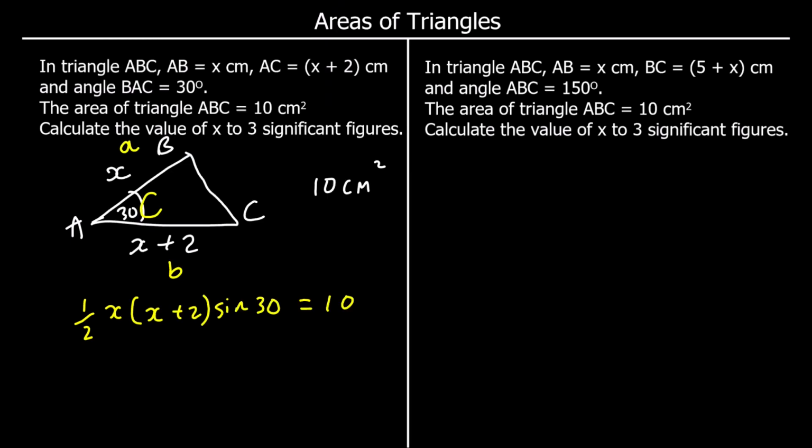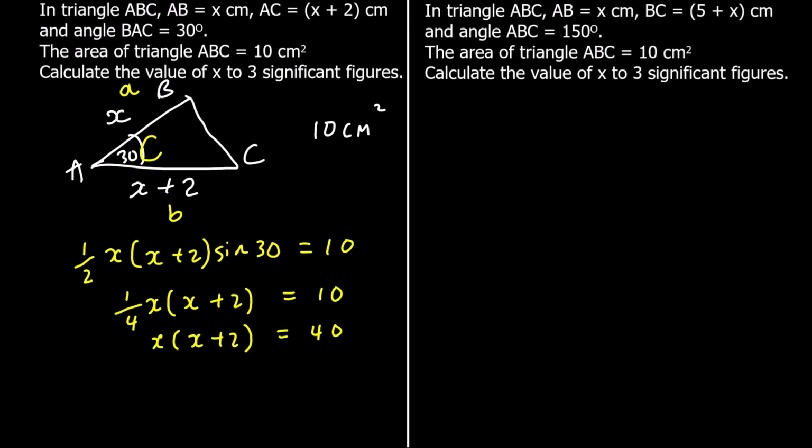Sine 30 is 1/2. So we've got a half times a half. I'm going to change that into a quarter. So a quarter x times x plus 2 is equal to 10. Let's times both sides by 4 to get rid of that quarter. So x times x plus 2 is 40.